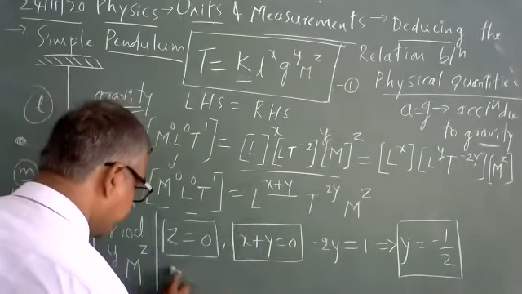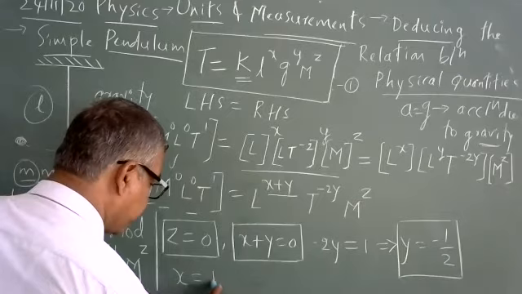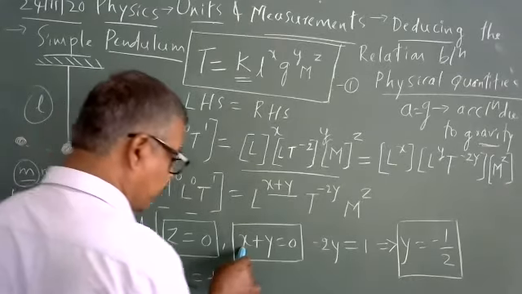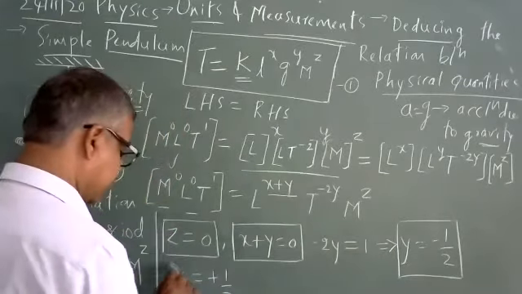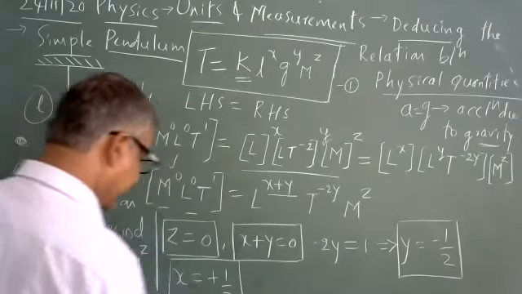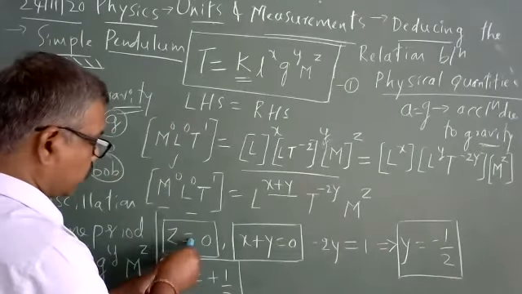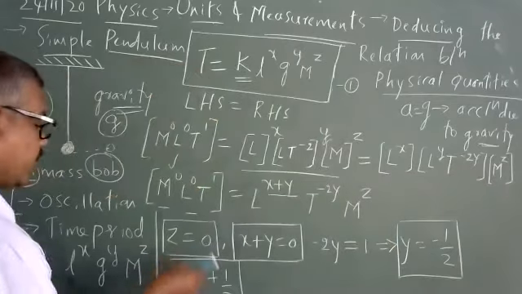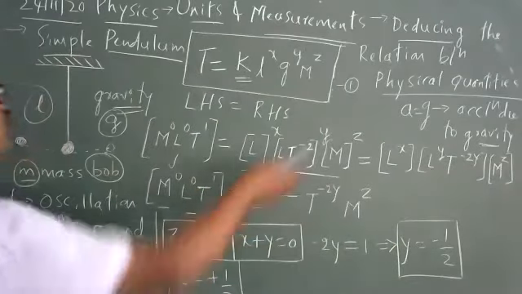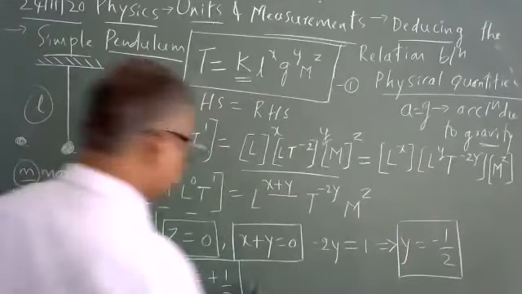If I substitute x equal to plus half, y equal to minus half, this becomes 0. All the three I got it: z equal to 0, x equal to plus half, y equal to minus half. Once I substitute the x, y, and z values into this equation, my equation becomes complete.